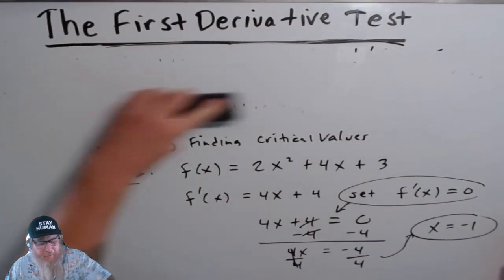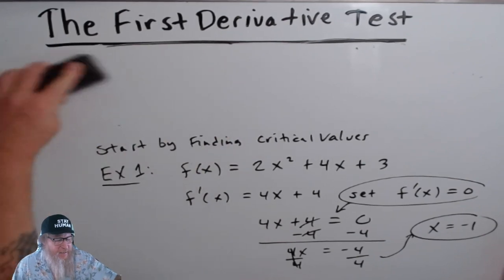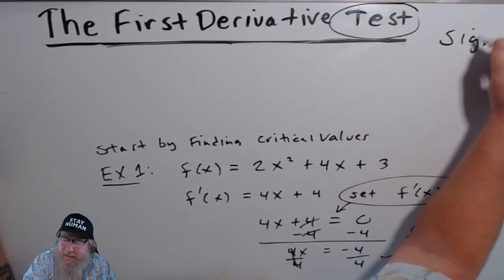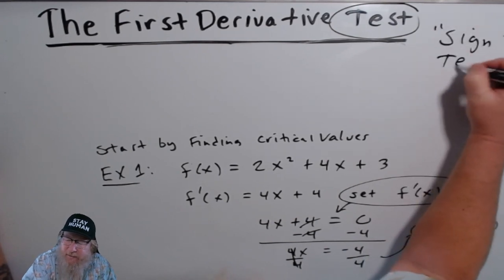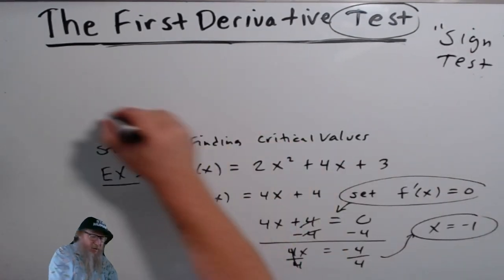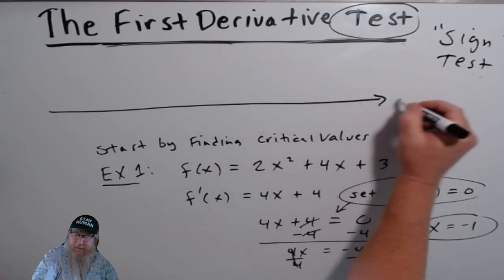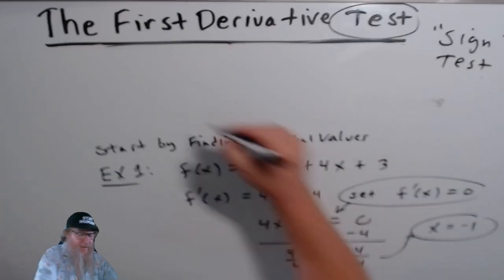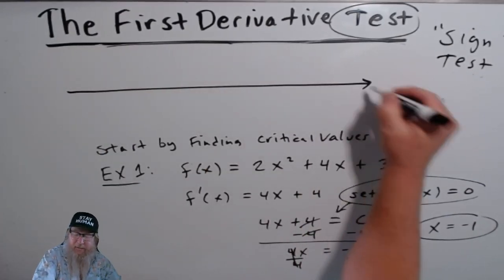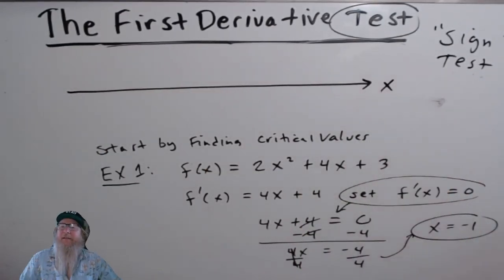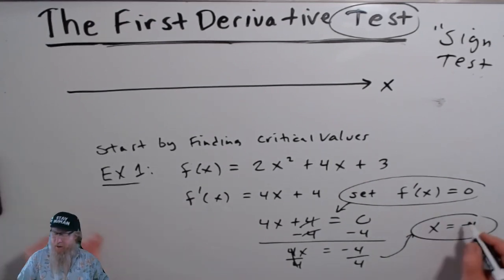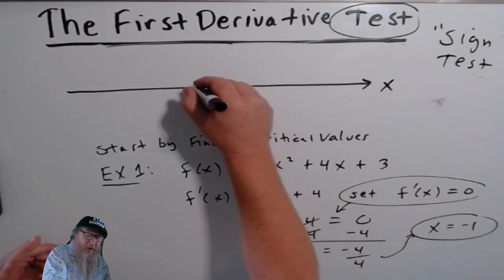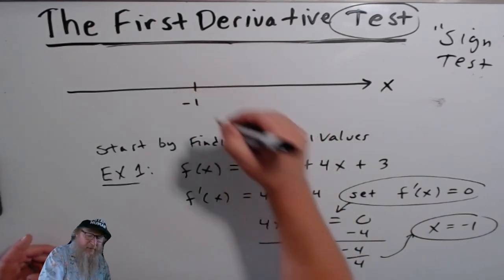So this is what we call the first derivative test. It is sometimes referred to as a sign test. So we write out the x-axis. We don't worry about the y-axis. We place the partition numbers, the critical values, on the x-axis.